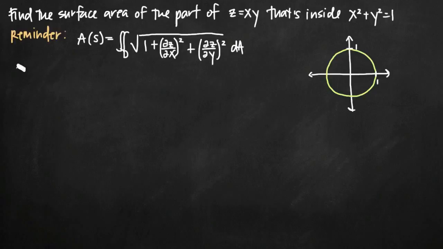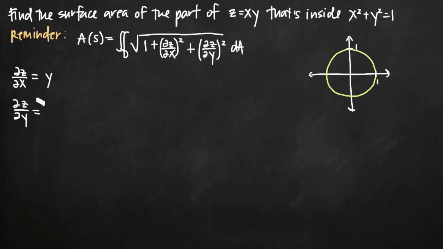So let's go ahead and take partial derivatives of our function z with respect to x and with respect to y. When we do that, remember, if we take the partial derivative with respect to x, we treat x as the variable and y as the constant, which means that in this case, y is just a constant coefficient on this first degree x variable here, so the partial derivative with respect to x will just be y.